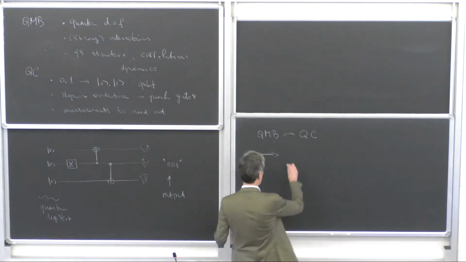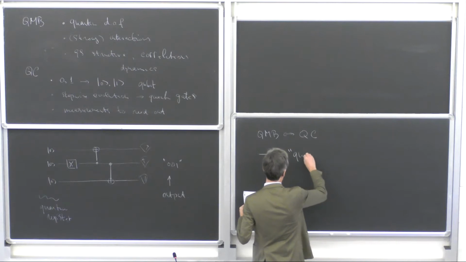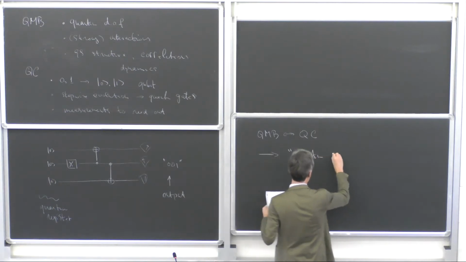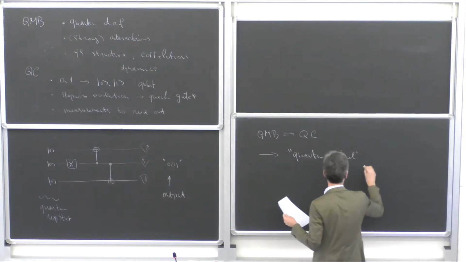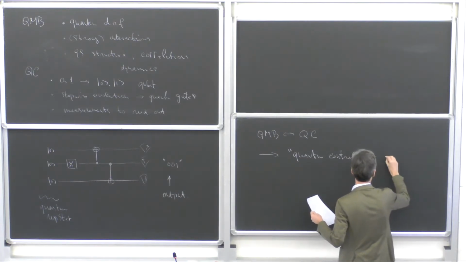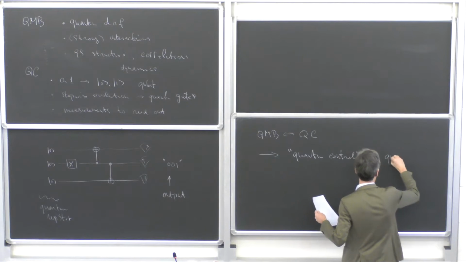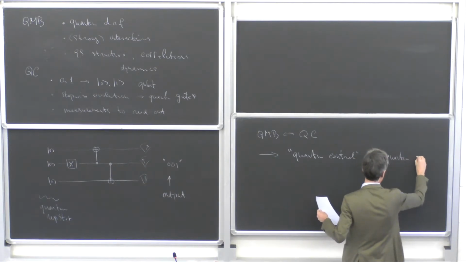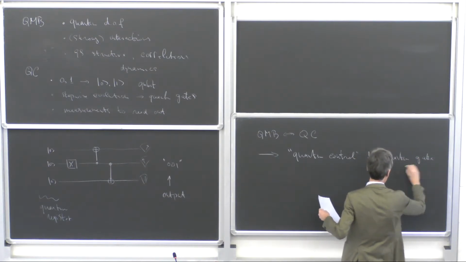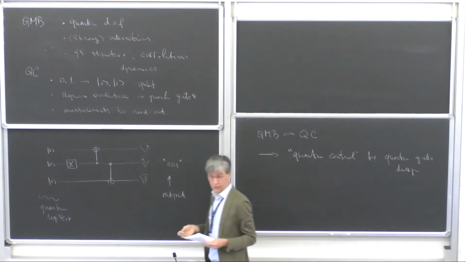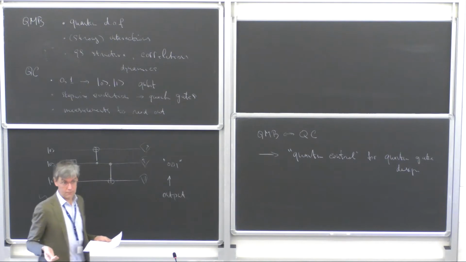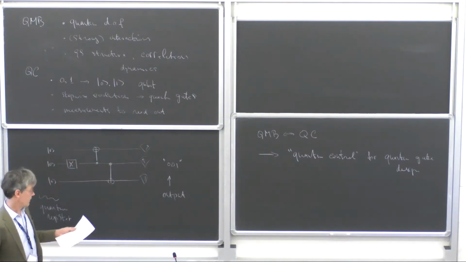So there's this quantum control notion, in particular for quantum gate design. And I'll bring quite a bit of that up in my lectures. I'll show many examples where I explain how we do these things in practice.